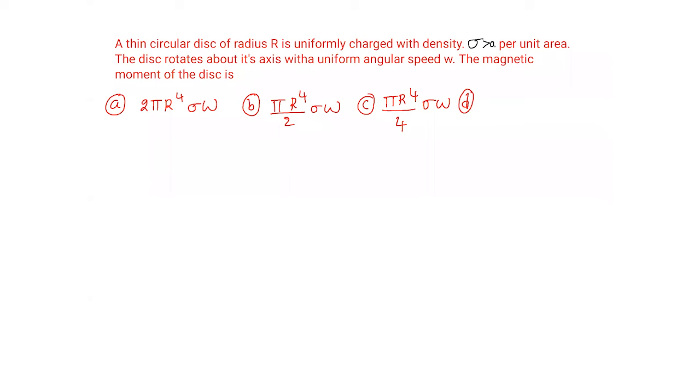The fourth option I forgot: pi r to the power of 4 divided by 4 sigma omega.